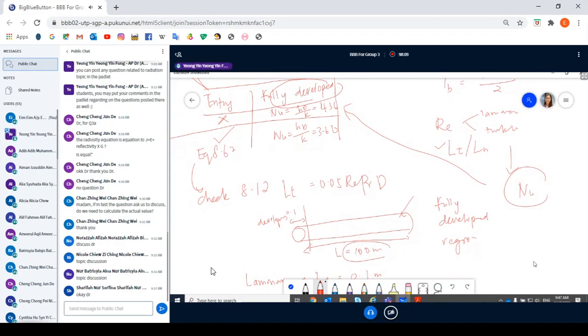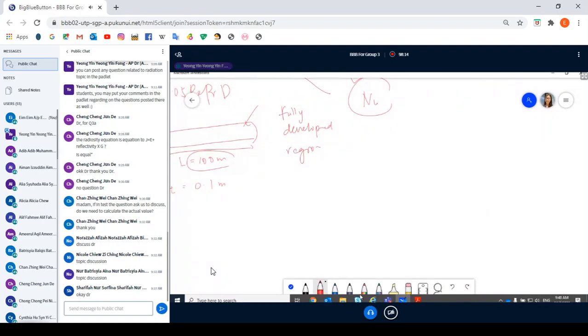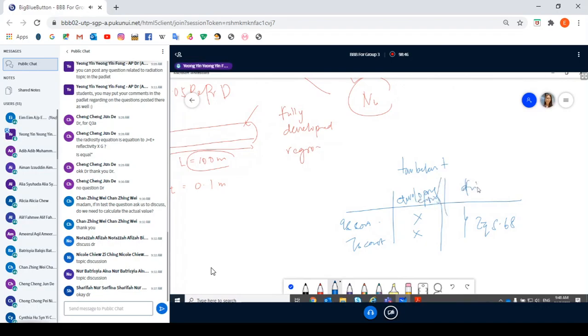If it is turbulent, it is very easy. Turbulent with L over D above 10, you just use equation 8.68 straight away, for QS constant and for TS constant. Usually we do not have the equation for the developing or entry region, only for fully developed.